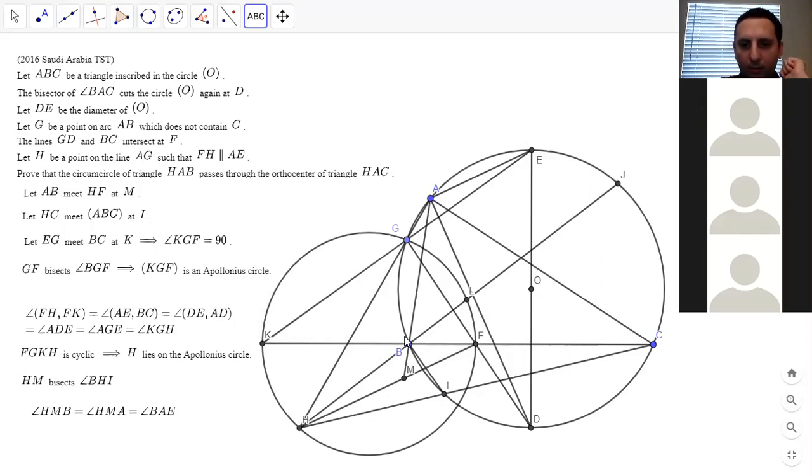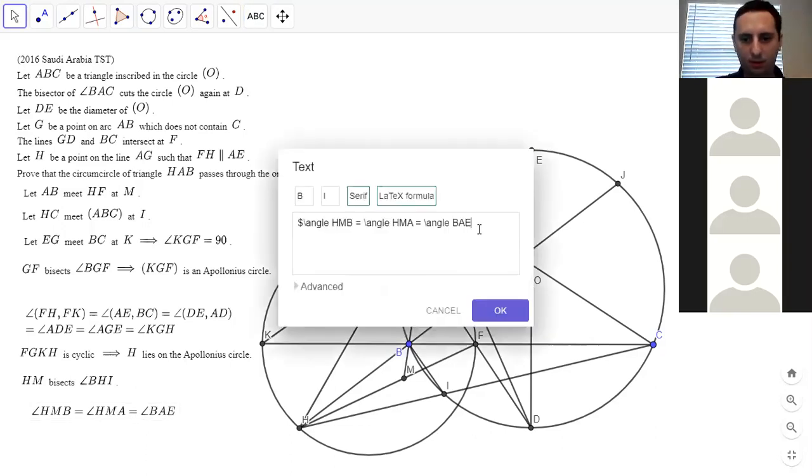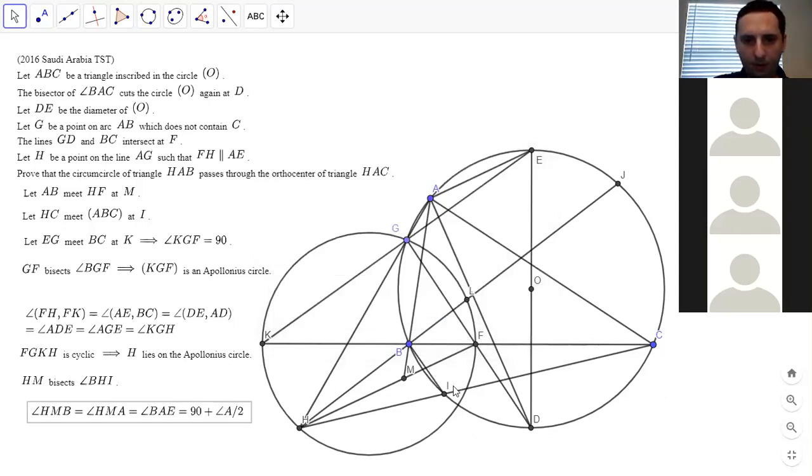So BAE, I kind of just assumed things would work out here, but that should be 90 plus A over 2. And that's 90 plus (180 minus angle BIC) over 2.